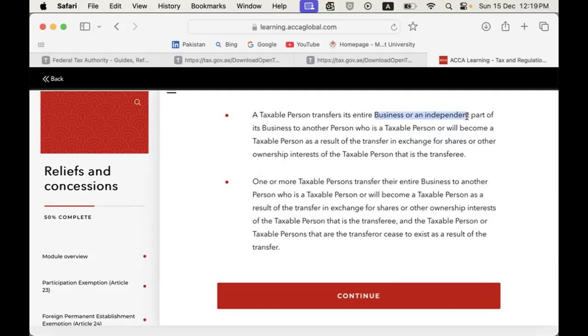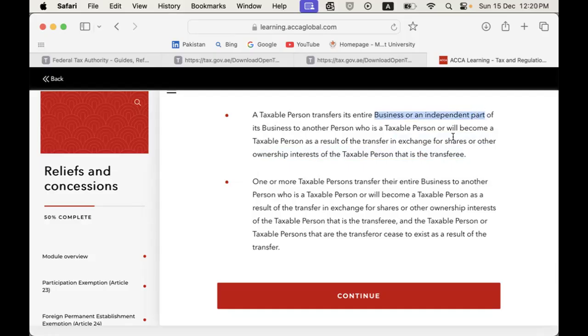We are acquiring business or an independent part of business by issuing our shares to the person who is transferring the business. So basically, we're taking the shareholders on board in exchange of shares or other ownership interests of the taxable person, that is the transferee. Beautiful. No doubt about it. The transferee is giving their shares as the price for the acquisition of business or independent part of business.